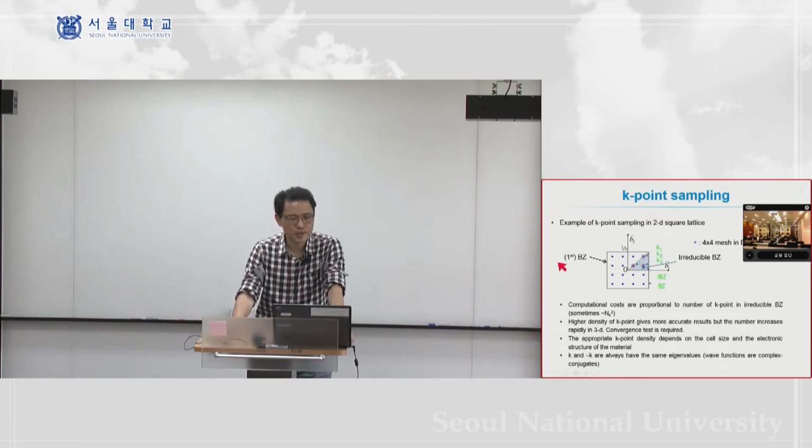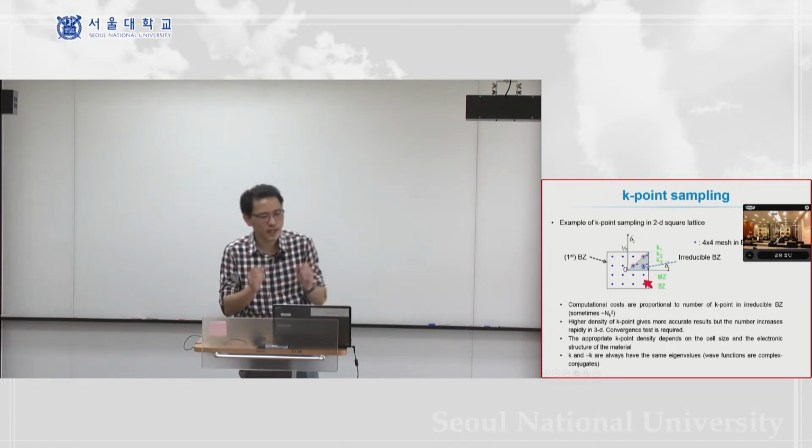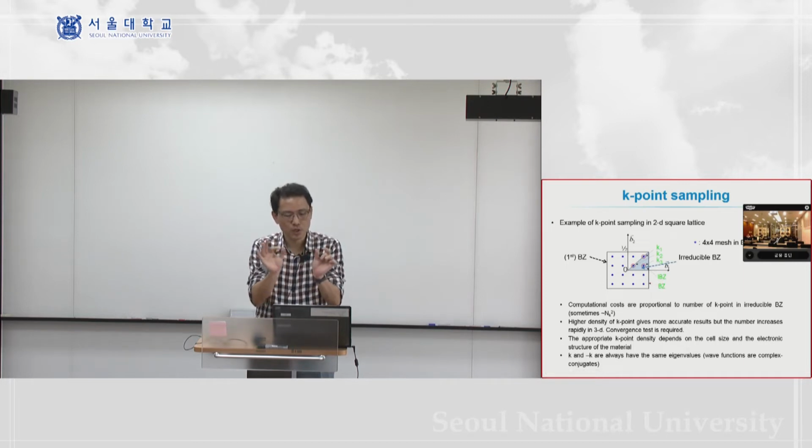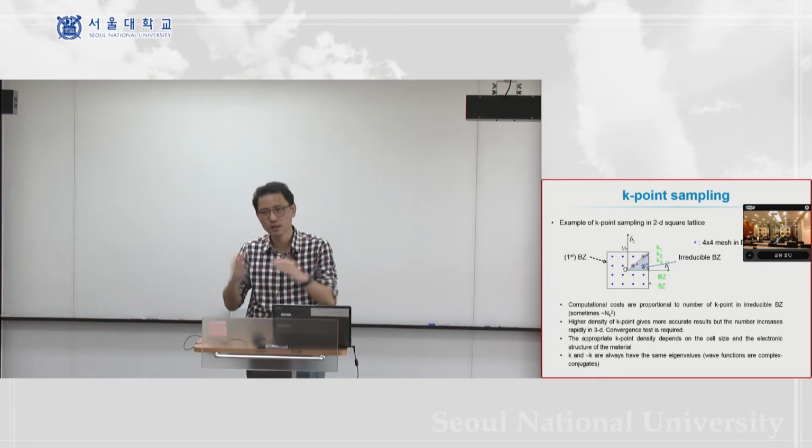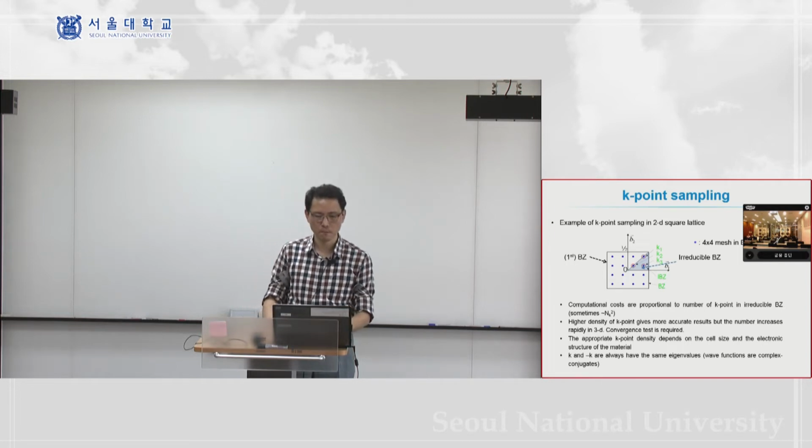For example, this is a two-dimensional square lattice, and this is the first Brillouin zone. Instead of the whole region, you are sampling points on a regular mesh, represented by these blue points here. By increasing the density or the size of the mesh, you are doing more and more accurate calculations. But at some point, you will see that your result does not change anymore. Then you stop there, and you have enough k points.